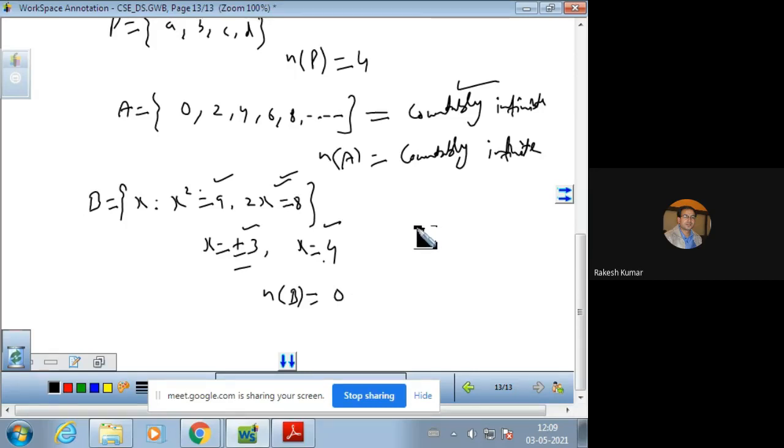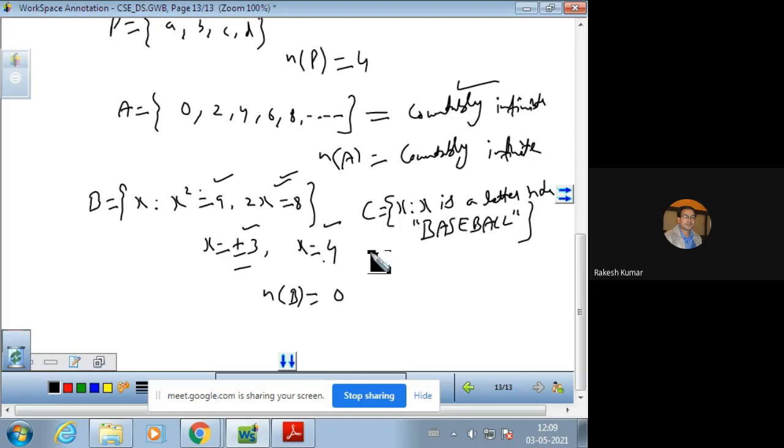One more thing. Suppose we have a word baseball. Baseball is a word, and we can write down a set C that is {x such that x is a letter in the word baseball}.